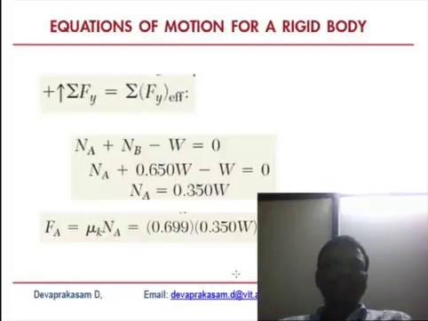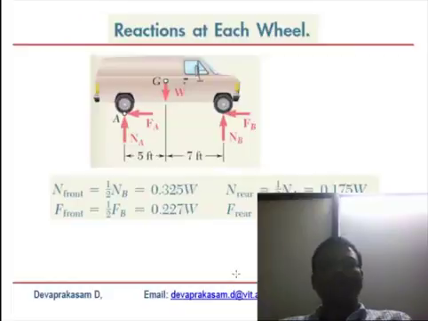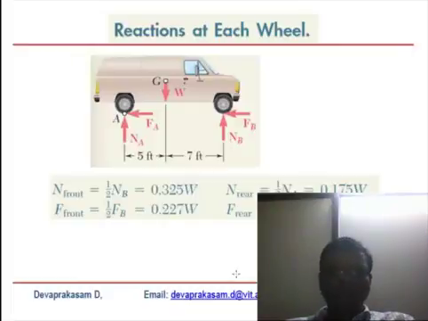In each wheel, you have to divide it by 2. So you will get the front wheel and the rear wheel forces in terms of W, because W, the weight of the vehicle, is not given, but you can still assume it is a known parameter W. So this is how you have to do it.